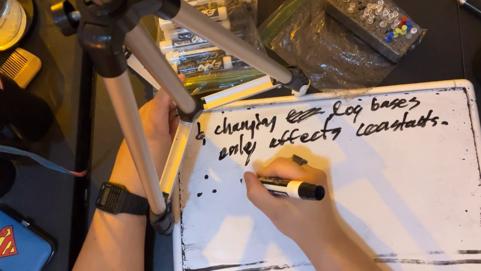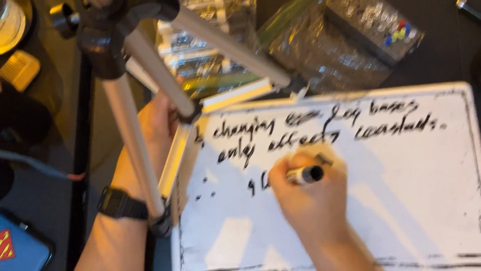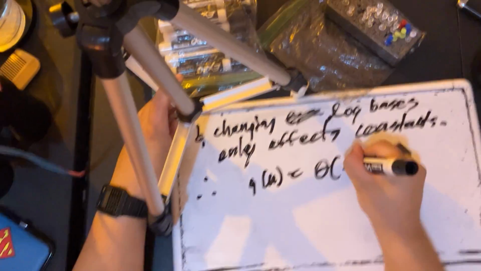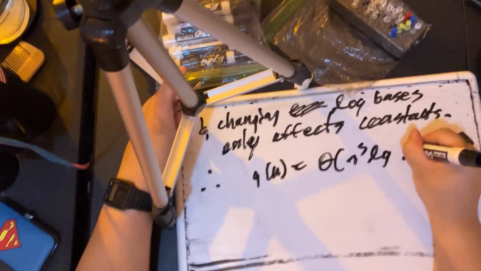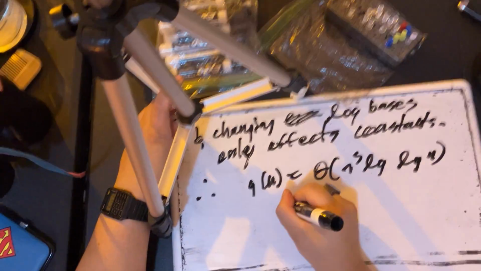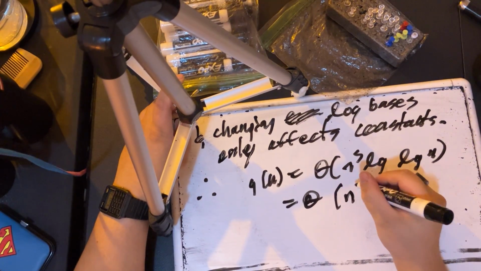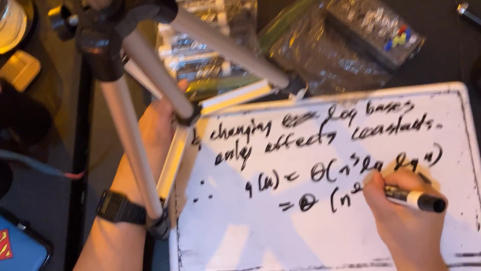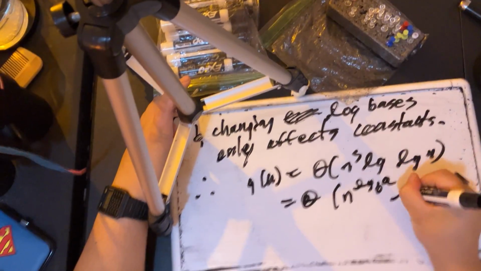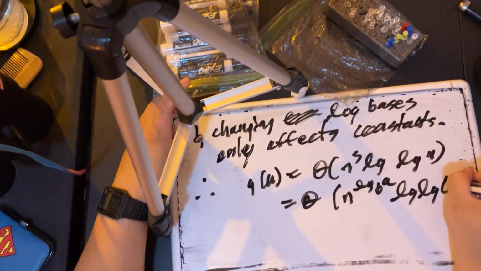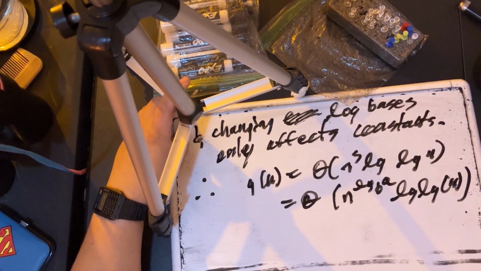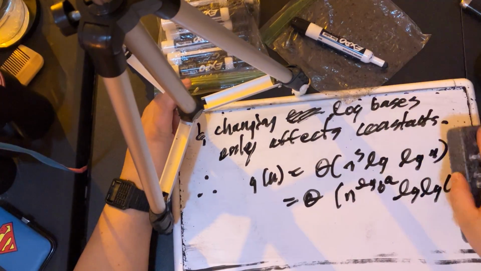Therefore, finally, we can say g of n is equal to theta of n to the s log of n, which is equal to theta of n to the log base b of a times log of n. All right? So that's what we can say about that.